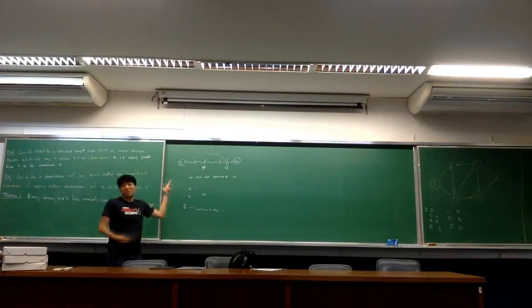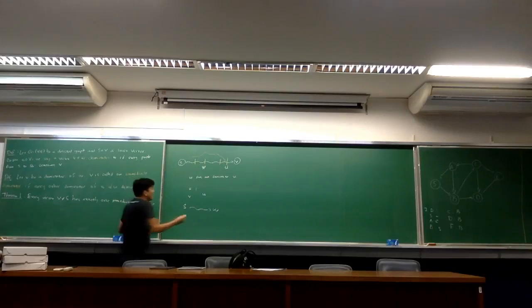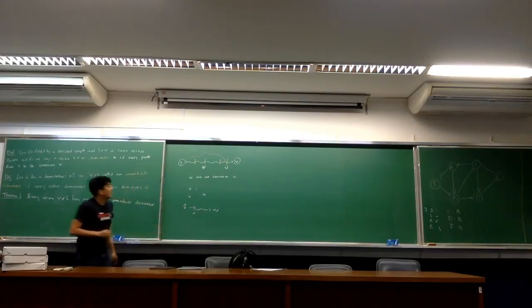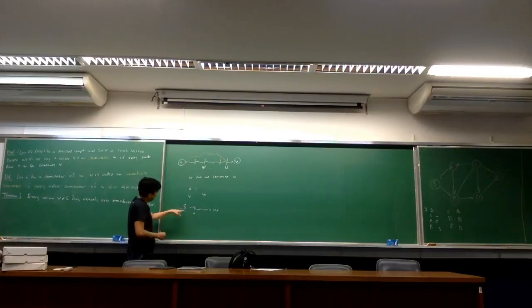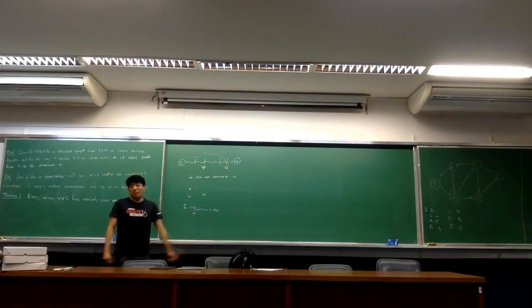One of them has to appear first, right? Suppose U is the first one to appear. So we know that in this segment of the path, V does not appear. So we found a path from S to U that does not contain V, which means V does not dominate U. This is a contradiction.